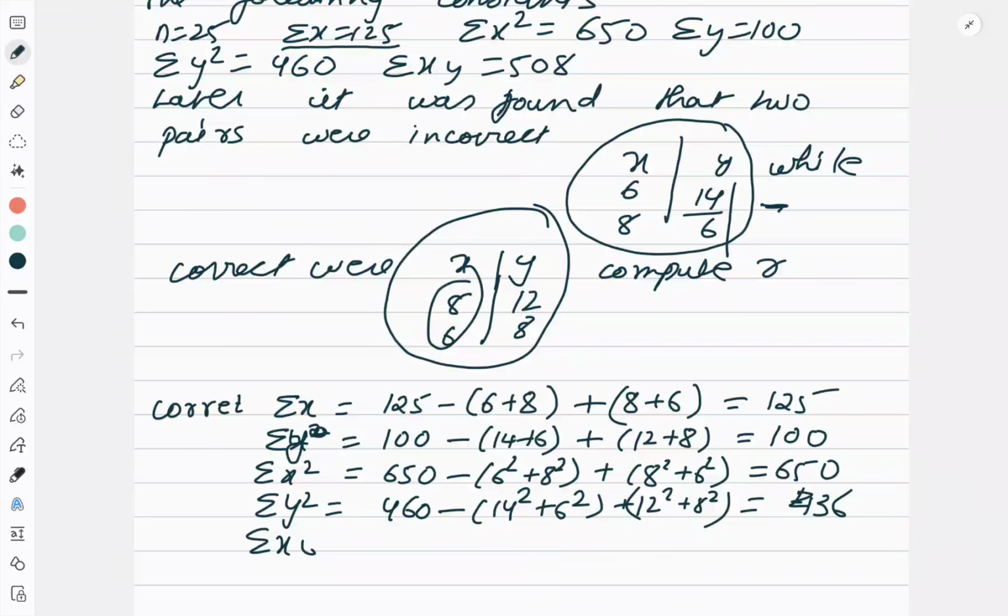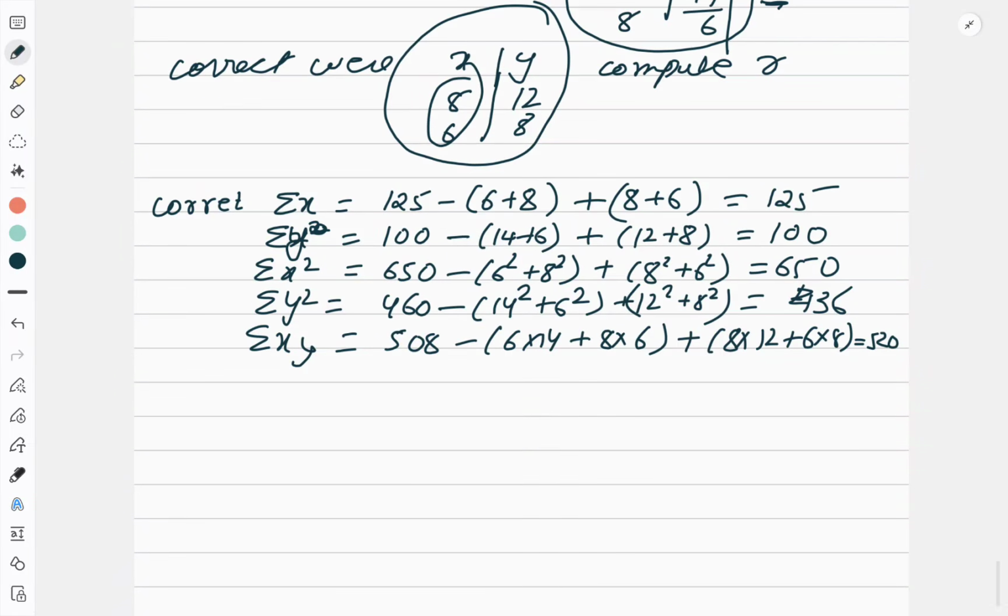Then summation xy is equal to 508 minus 6 into 14 plus 8 into 6, then plus 8 into 12 plus 6 into 8, which is equal to 520. Correct? So I have corrected all these values of summation which have been given in the question. Now I will apply the correlation formula. This formula we have not used till now, but now I am giving you this formula.